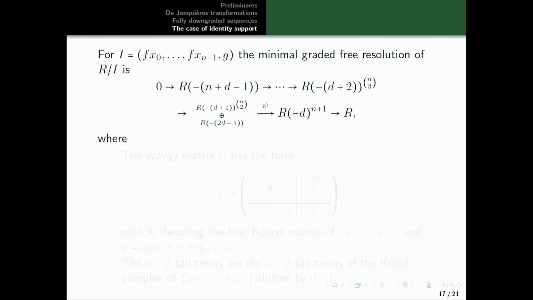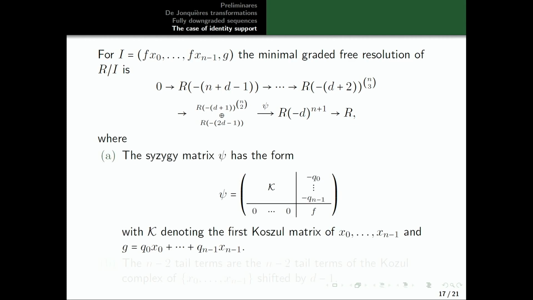In this case, we can prove that this is the minimal resolution of the ideal I, where the syzygy matrix Psi has this form, where this submatrix K denotes the syzygy matrix of this regular sequence, and G is given by this equality.